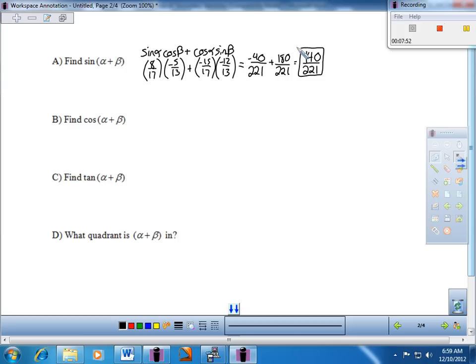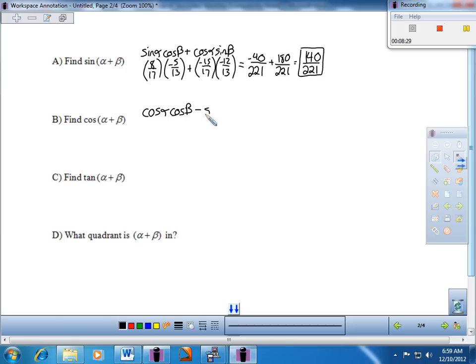Okay, letter A, down. Time to take care of letter B. So now again, this new angle, of course, has its ratios that go with it. We're just looking at the primaries, sine and cosine and tangent. And so let's go get the cosine of our new angle here. And so this would be cosine alpha, cosine beta. What do you think, everyone, plus or minus?